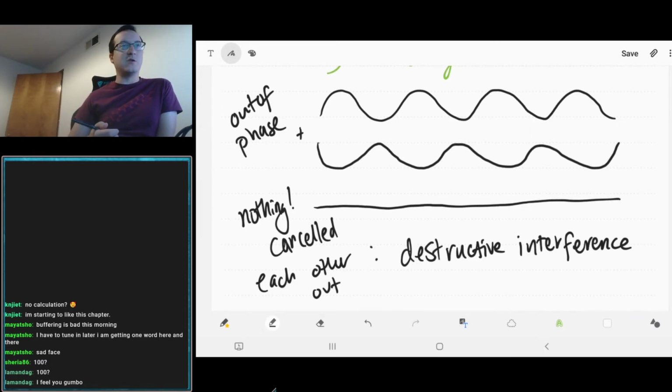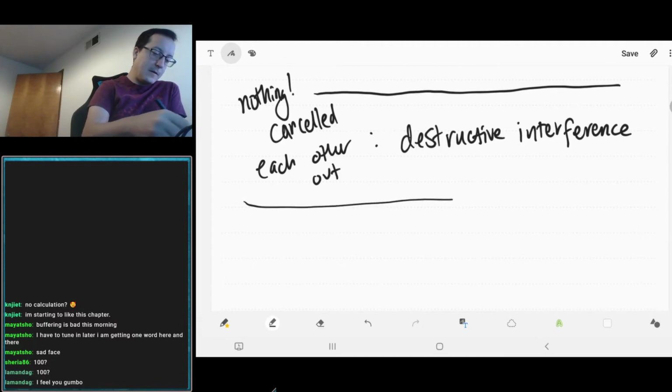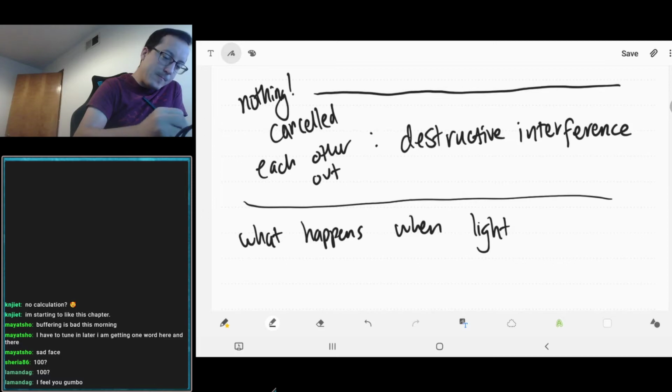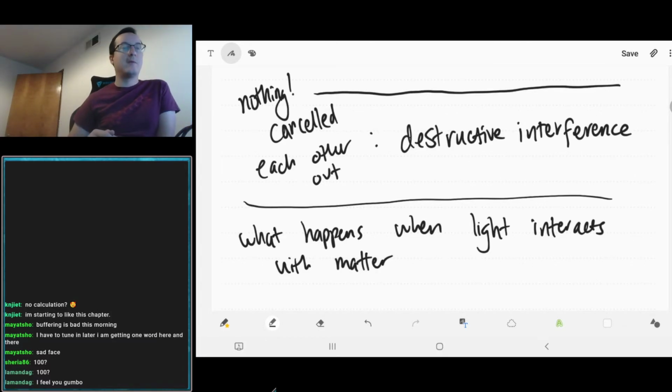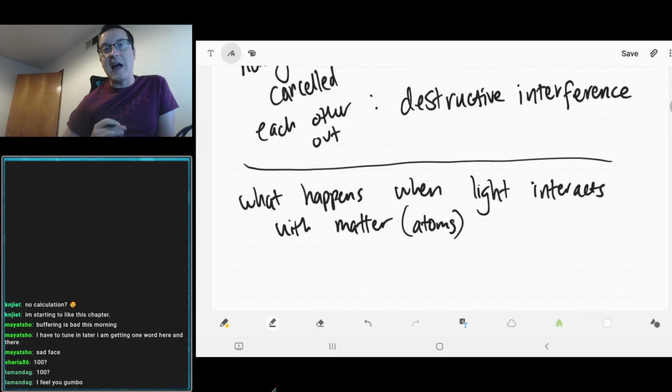Okay, so there is a point to all this stuff. Let's see what happens when light interacts with matter. What we're going to be talking about here is just atoms.